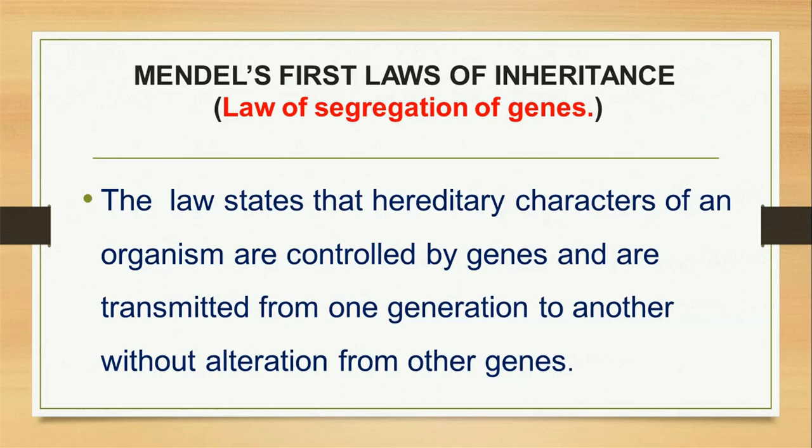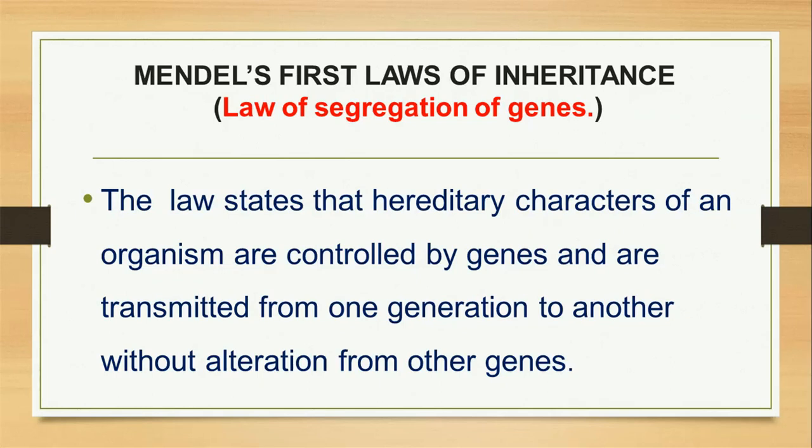So gene tallness does not disturb the transmission of gene shortness. Each of them is transmitted from one generation to another without alteration. So I will come again. Now this law of segregation of genes states that hereditary characters of an individual or organism are controlled by genes and are transmitted from one generation to another without alteration from other genes.